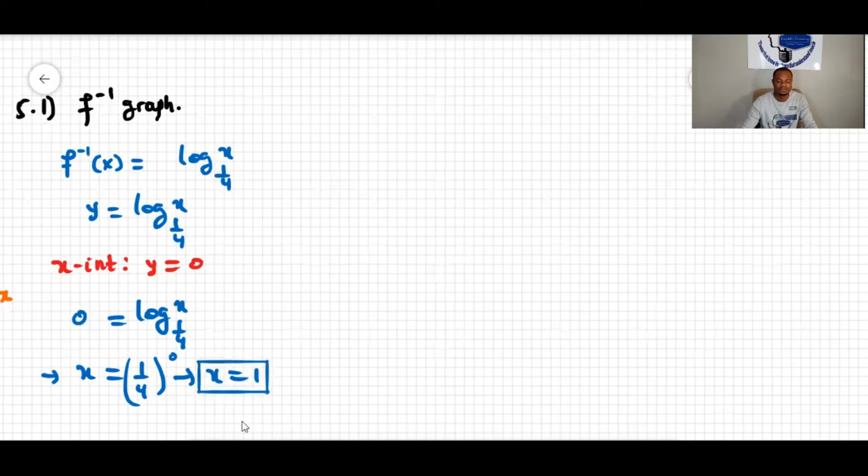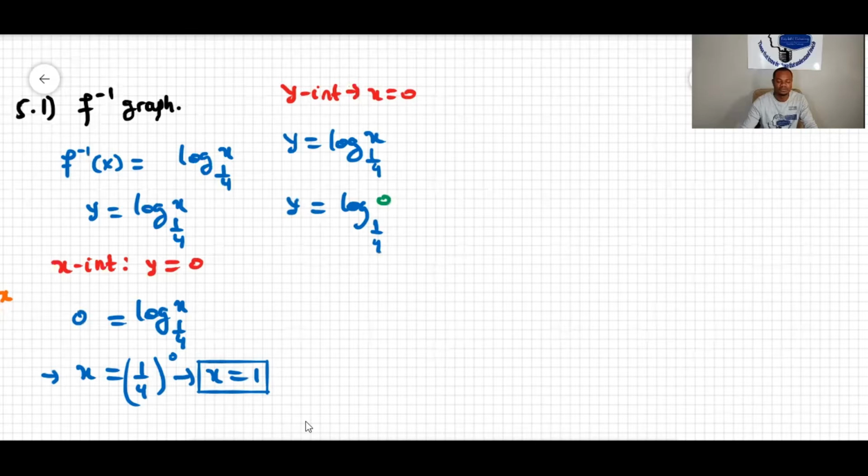Now for the y-intercept, y-int means we're going to make x equal to 0. So y equal to log of x base a quarter, we sub x by 0. But now this is not acceptable because logs don't take 0 or negative numbers.